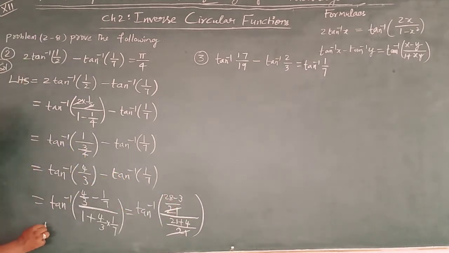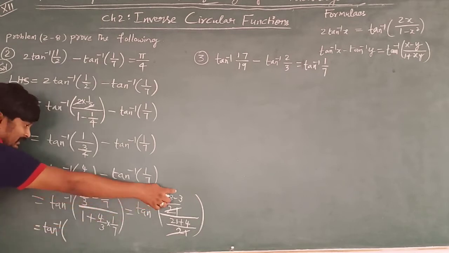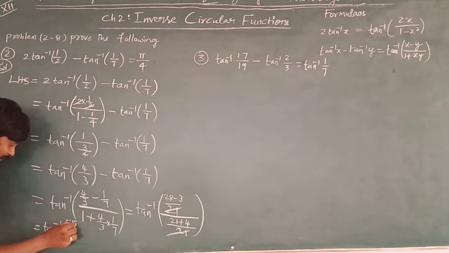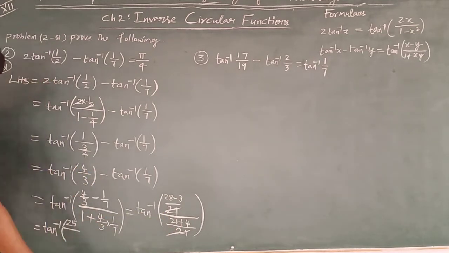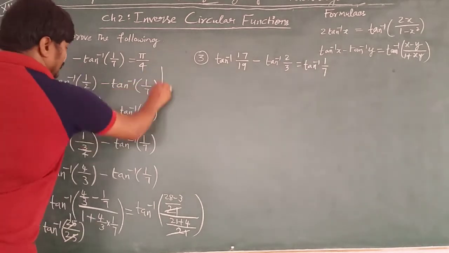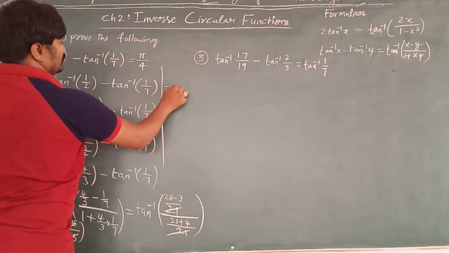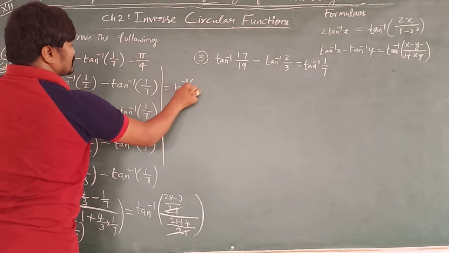So we can write this as tan inverse 25 upon, again 21 plus 4, 25. So cancel, 25 ones are 25. Then tan inverse 1.